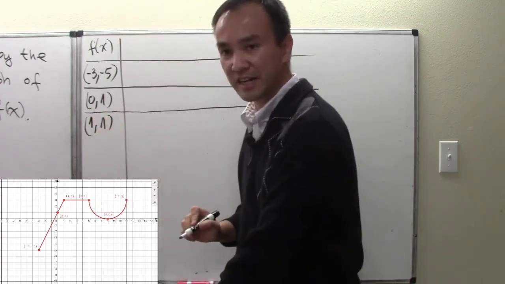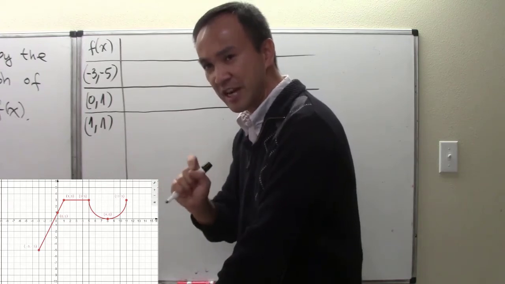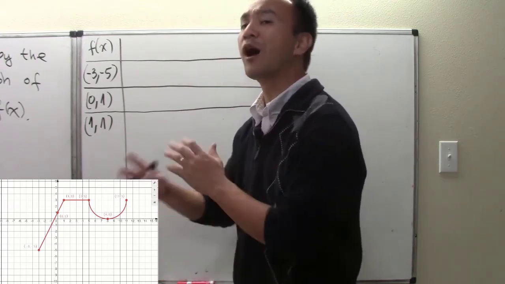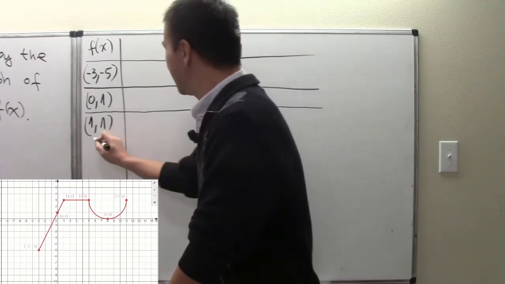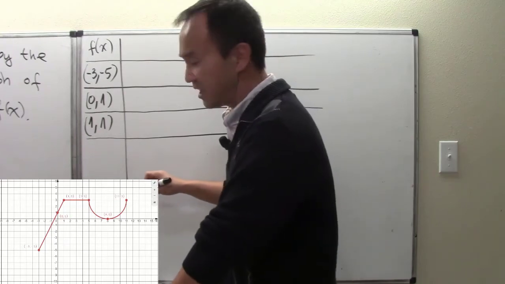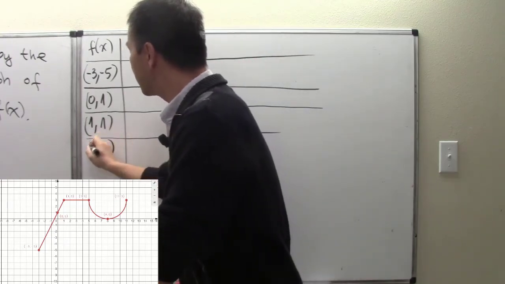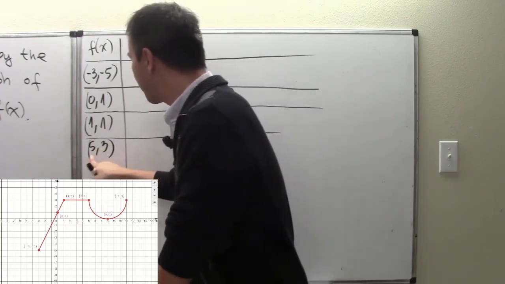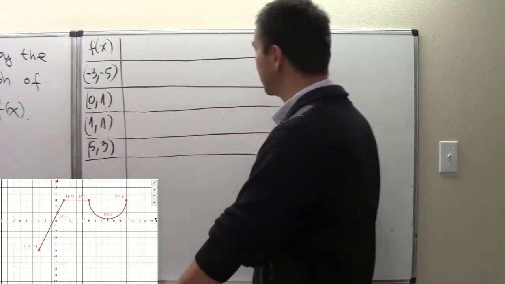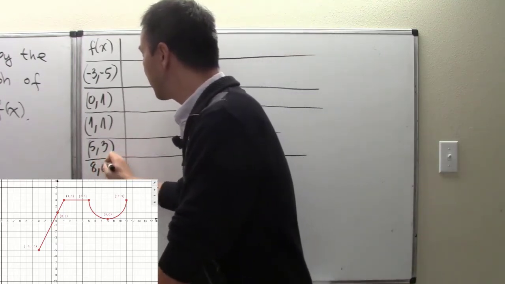So these are the guiding points, and again, the whole idea about the guiding points is that they are particularly useful for me to construct my graph and apply my transformations. And now the next point I'm looking at is 5, 3. And I'll have another point at 8, 0.